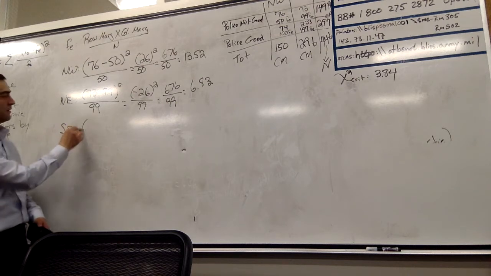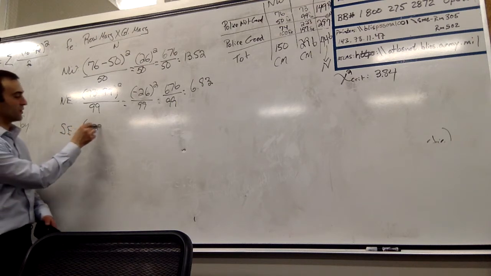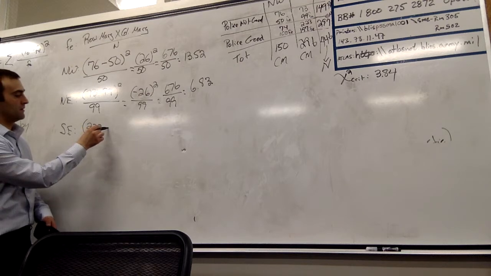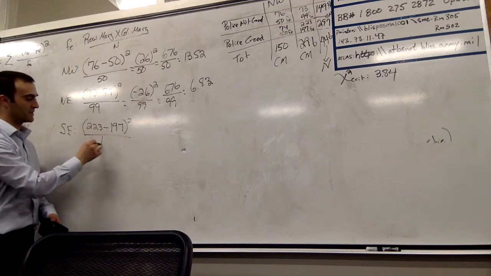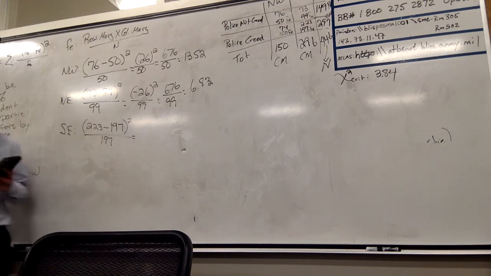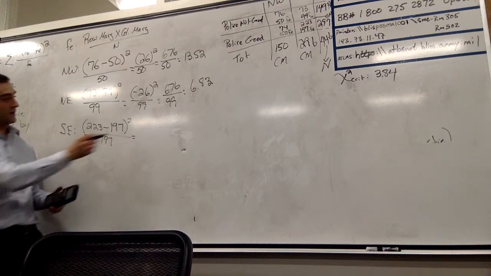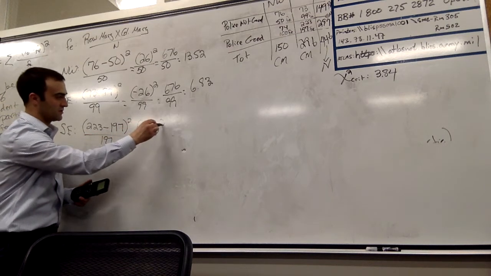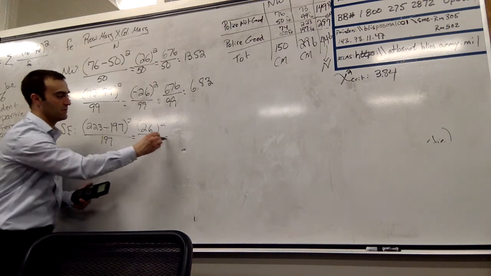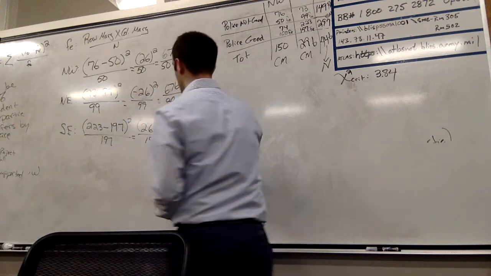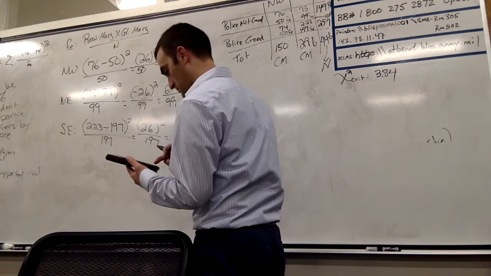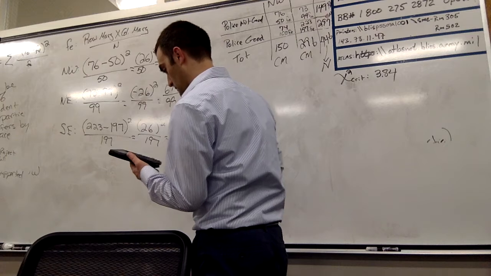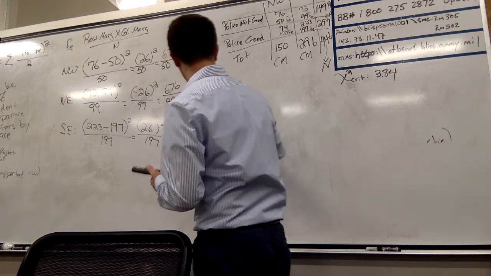Southeast cell, we observed 223 minus the expected of 197 squared over the expected of 197. So that's another 26 squared over 197. So 676 over 197, 3.43.